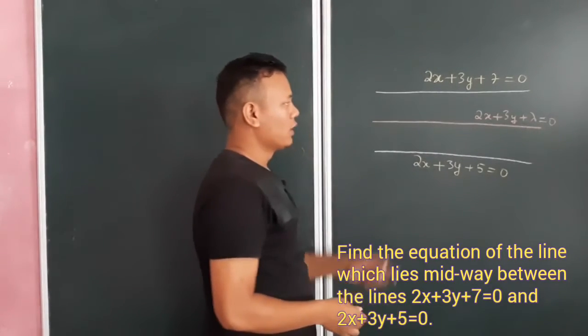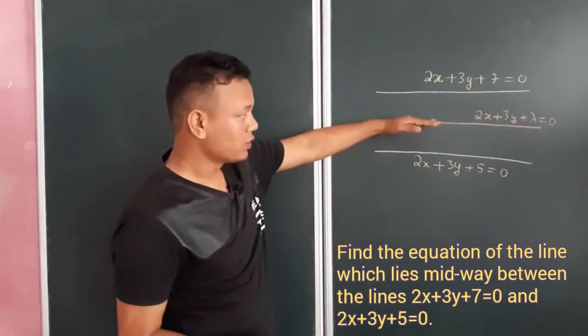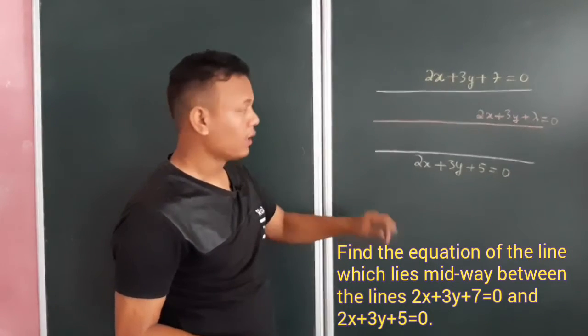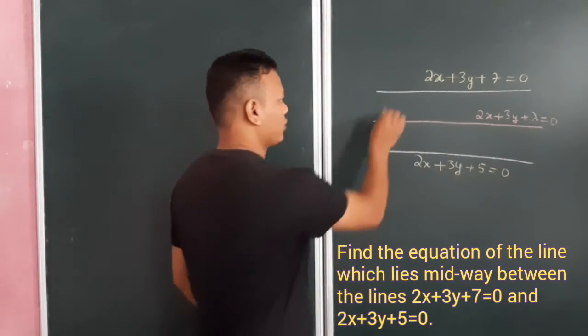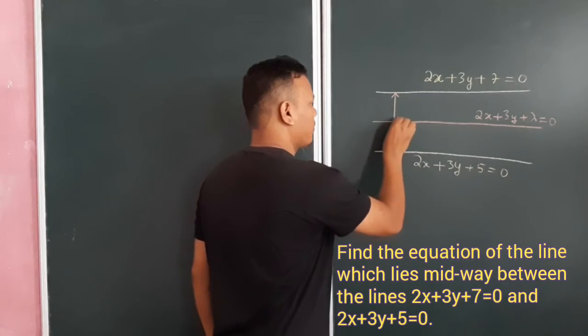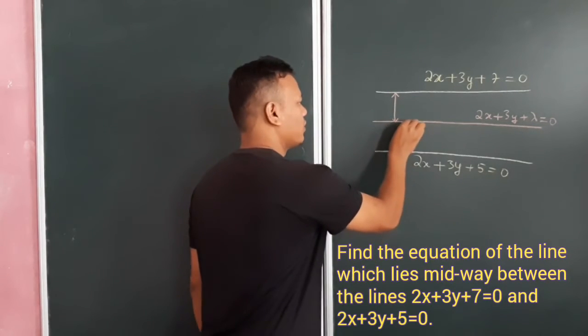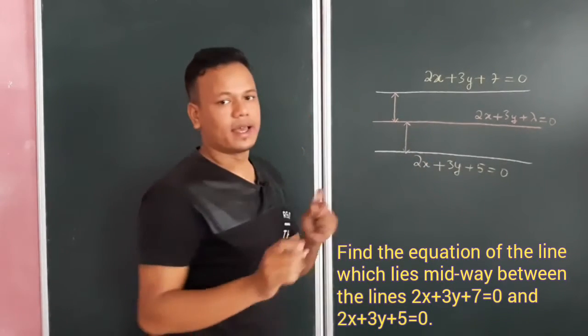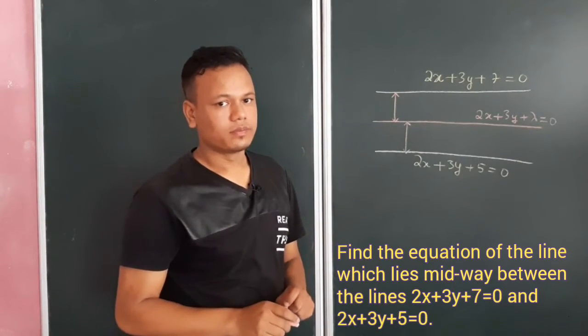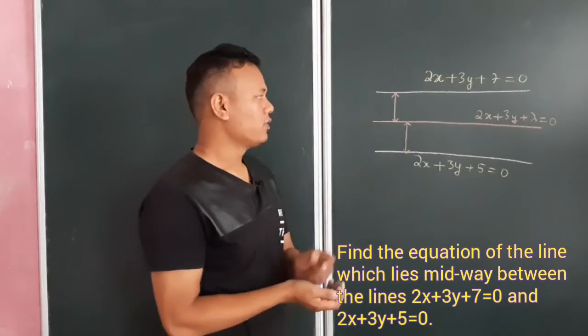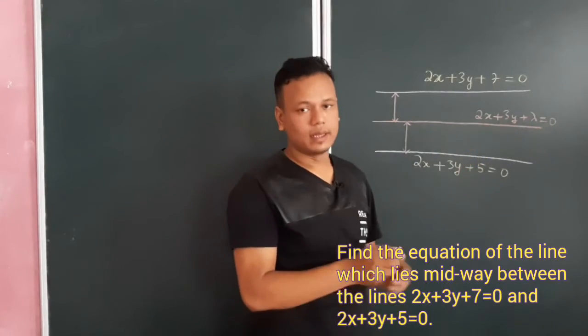So here since this is lying in the midway, that means the distance between them has to be equal to each other. Okay, so that's what the question is saying. So basically we need to calculate what is the value of lambda here.